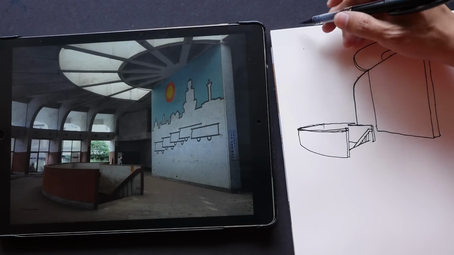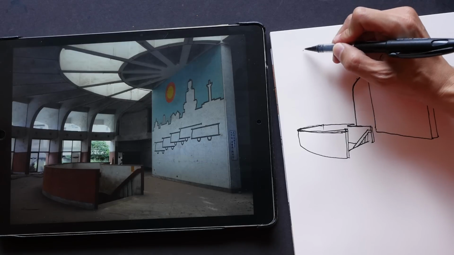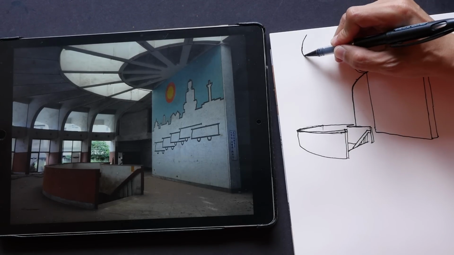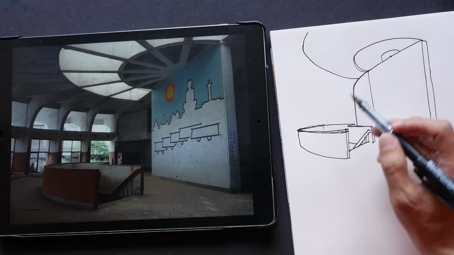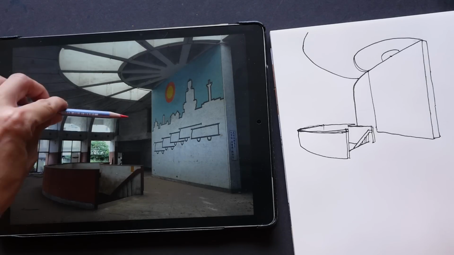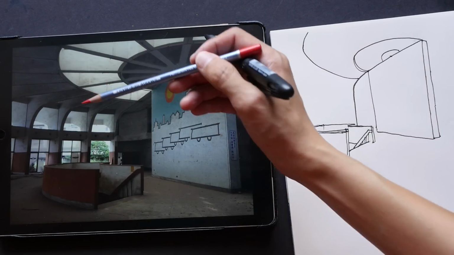Again, same thing. I'm going to practice the curve. Something like this. Something like this. All right. And now for this curve here, I think I probably should use a pencil.